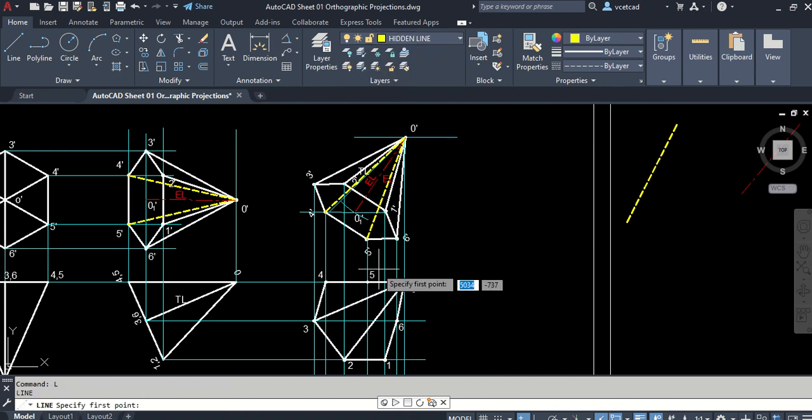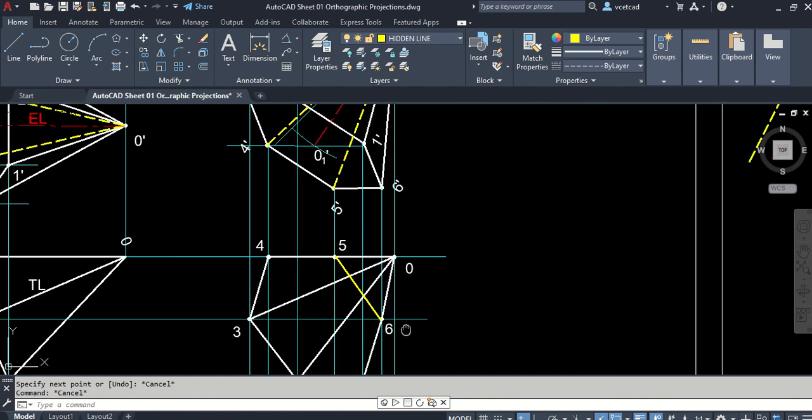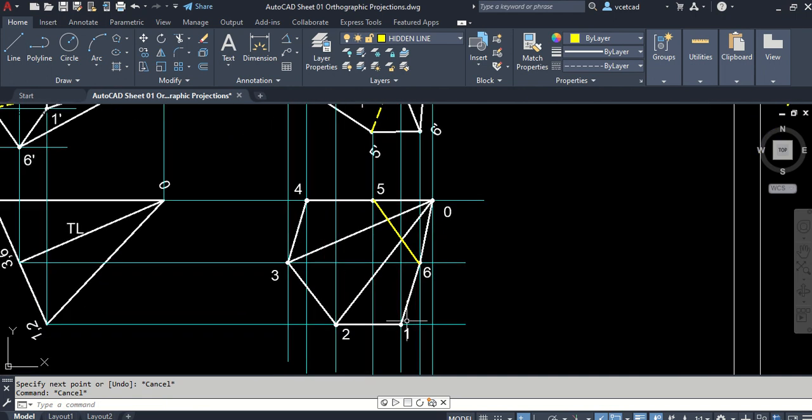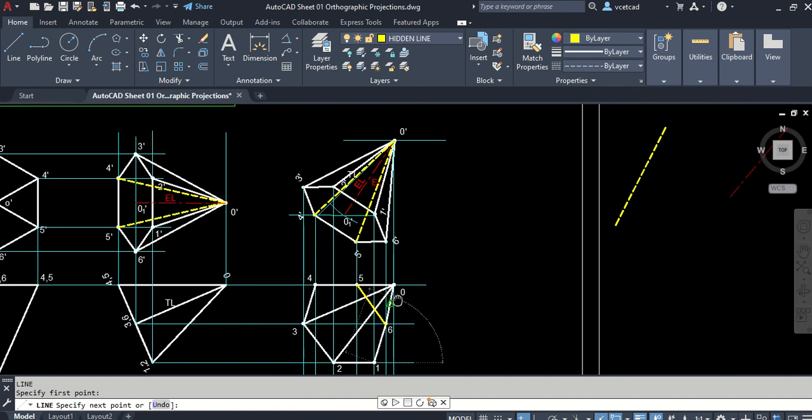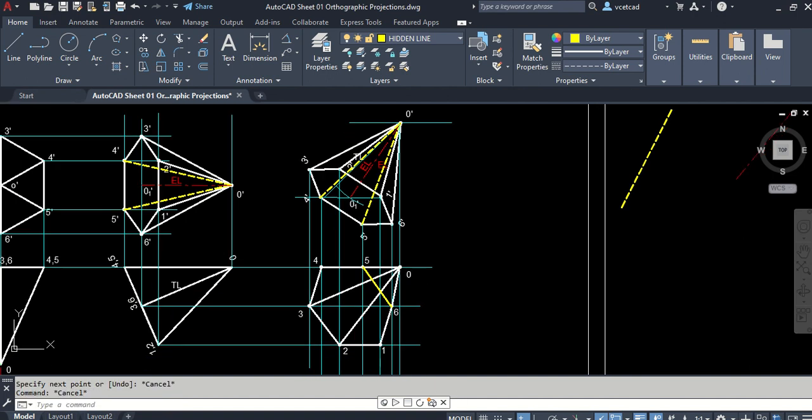Now when we observe it from top, 5 to 6 is lying below the edges, so in that case you have to show it as a hidden. 5 to 6, okay, this edge will be seen as a hidden line. Okay, so after that 6 to 1, you check whether 6 to 1 and 1 to 2, 1 to O is also 1 to O will be seen as a dark line.